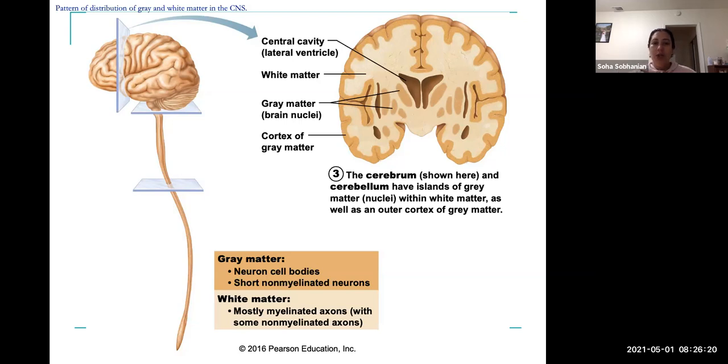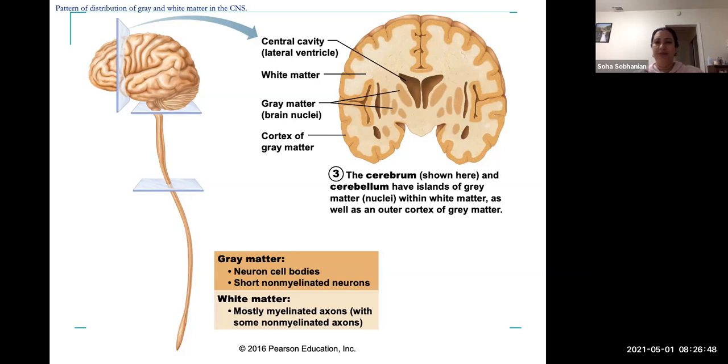Now, quick note, guys, when we talked about gray matter that is found in the cerebrum, which is the visible part of the brain that we have, I'm going to type this in the chat box so you have that. The gray matter of the cerebrum is referred to as cortex or cerebral cortex.